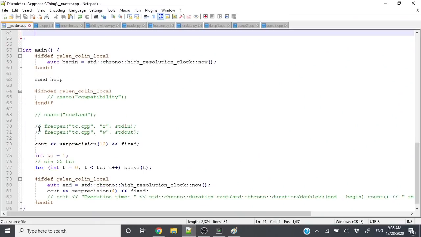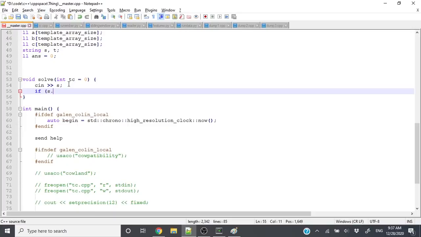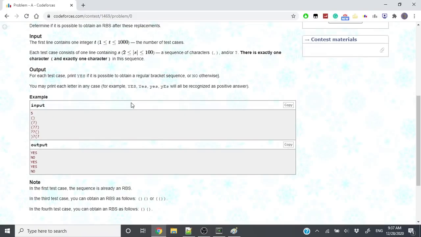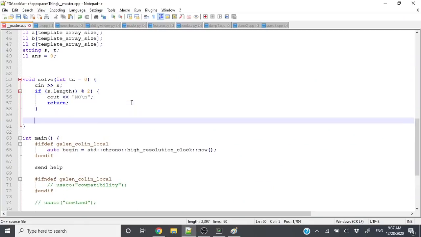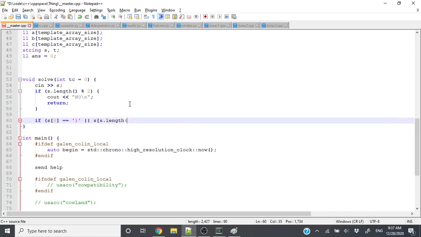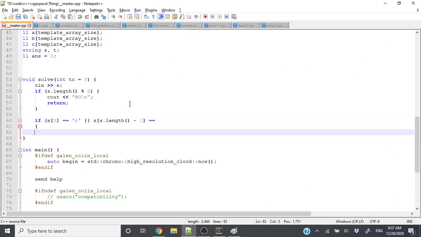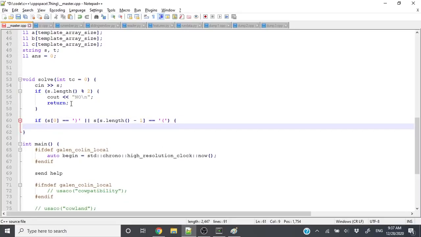So let's see. We have test cases. If S0 is equal to this, or S dot length minus 1 is equal to the bad character, then it's also impossible.